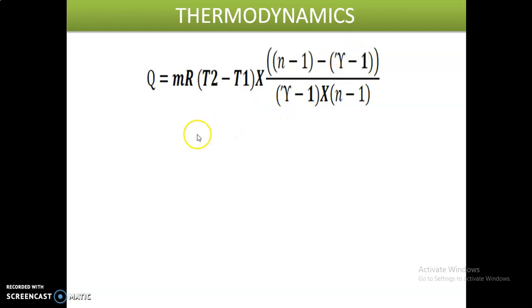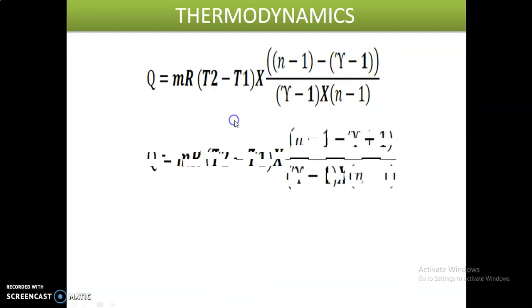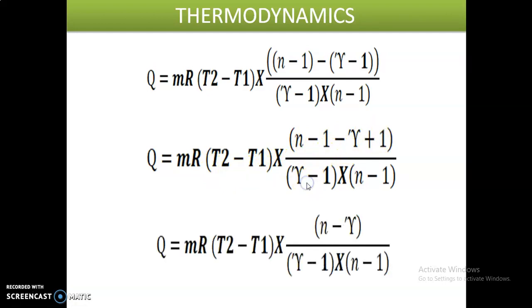After simplifying this equation, we get mR(T2 minus T1)[n minus 1 minus gamma plus 1]. Plus 1 minus 1 gets cancelled. So finally, Q is equal to mR(T2 minus T1) into (n minus gamma) divided by (gamma minus 1) into (n minus 1).